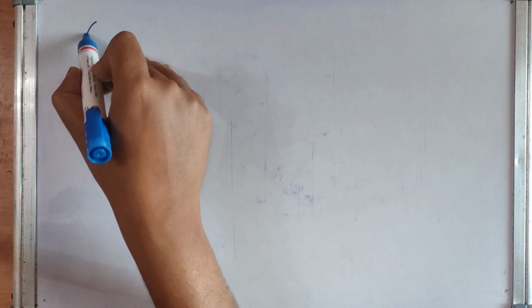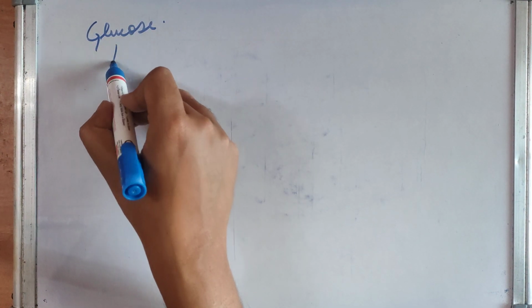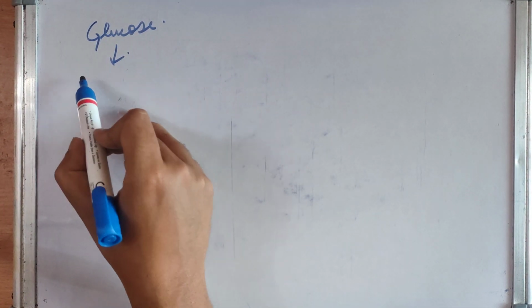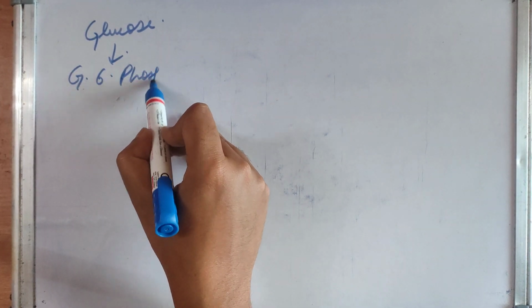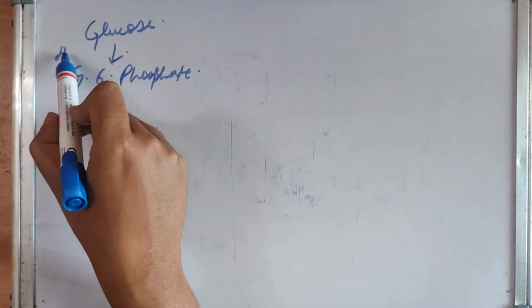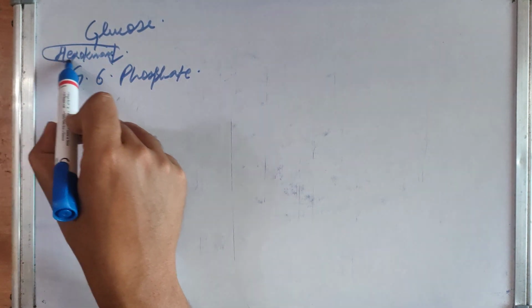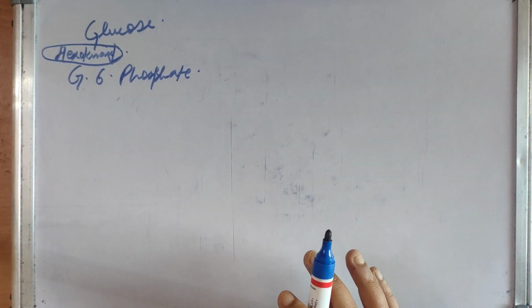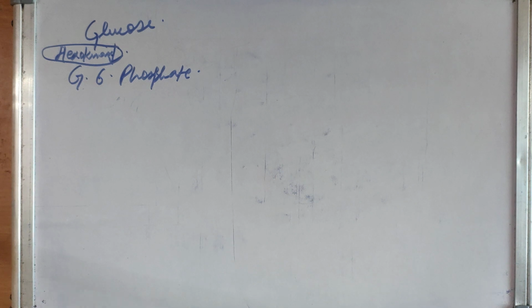So first of all, glucose is converted into glucose 6-phosphate, and this takes place in presence of hexokinase. Here the enzyme is hexokinase. I have discussed in great detail what enzymes are in previous lectures, so you must go and watch the lectures on enzymes.